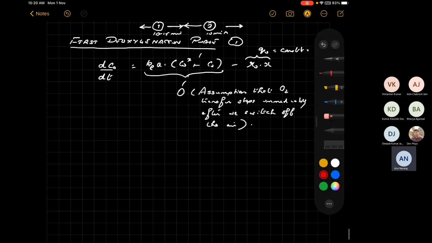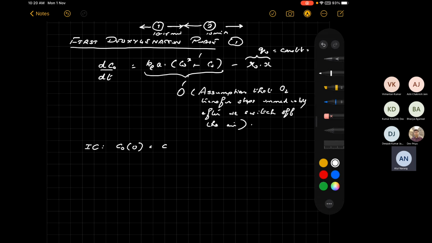Under the assumption that this is equal to zero, you can see that, and this is the initial condition. This has to be solved with the initial condition CO at zero equals whatever the initial value is.